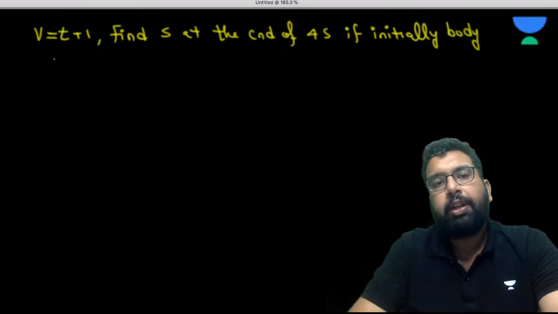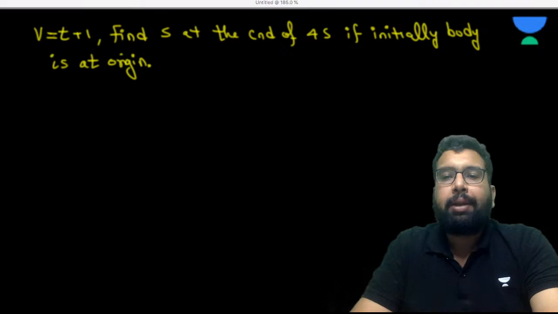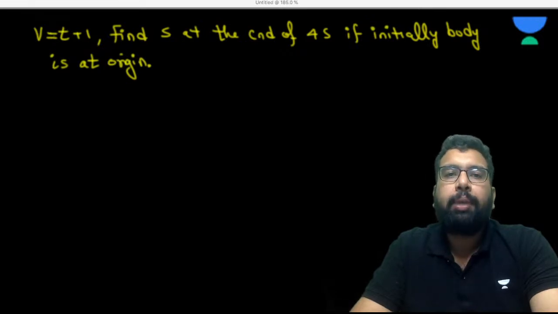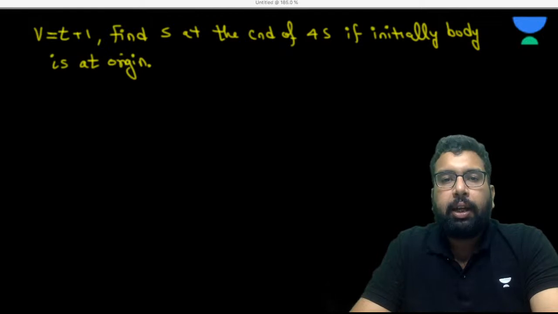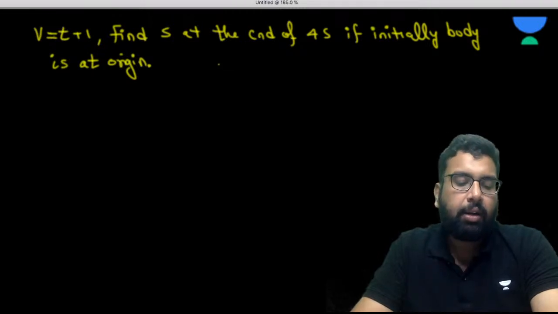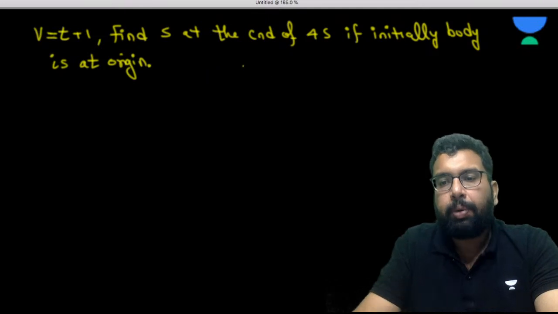So we have a function for velocity in terms of time, and we are supposed to find the displacement at the end of 4 seconds. And one more piece of information is provided: at the start of the motion, the body is at origin. I hope it is clear to everyone.